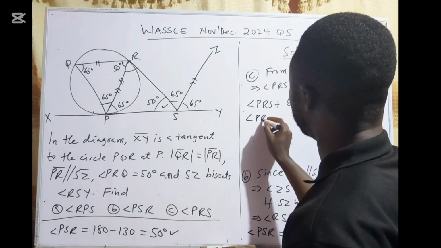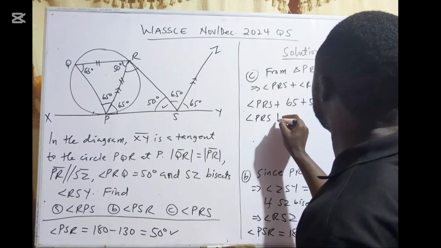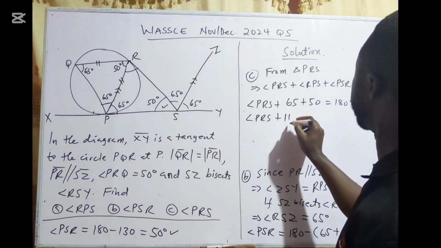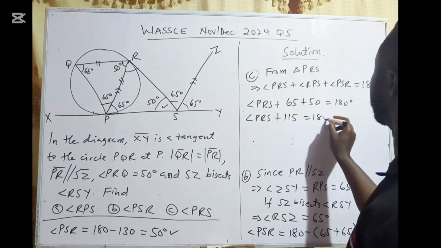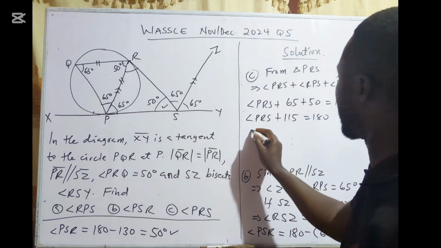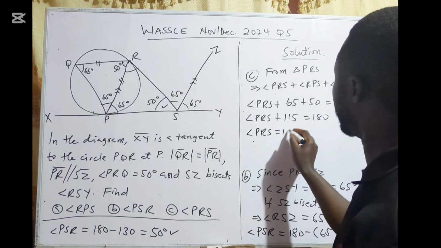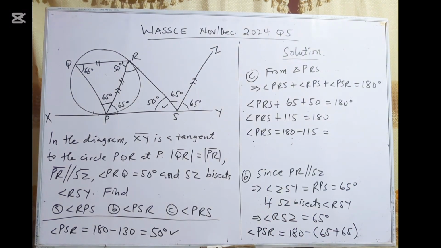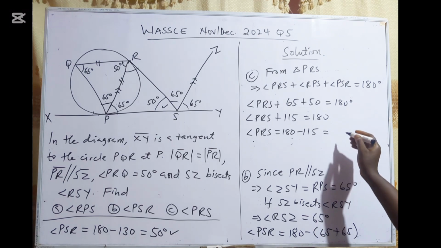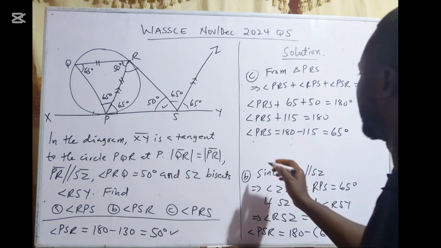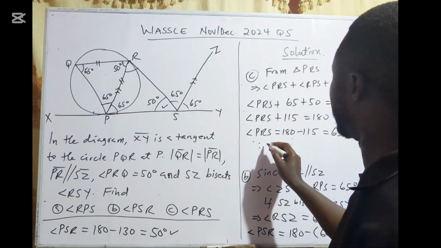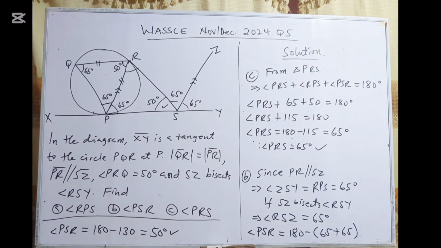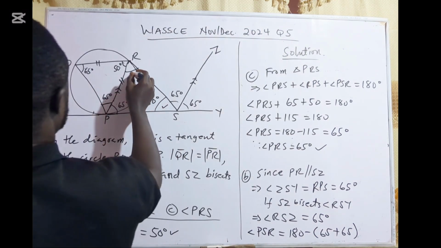So angle PRS plus 65 plus 50 will give me 115, equal to 180. I have angle PRS to be 180 minus 115. And what is 180 minus 115? That will give me 65. Okay, so therefore my angle PRS is also 65 degrees. So here, it will be 65.